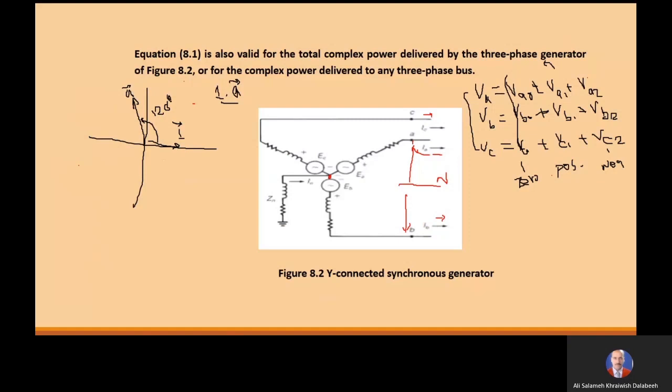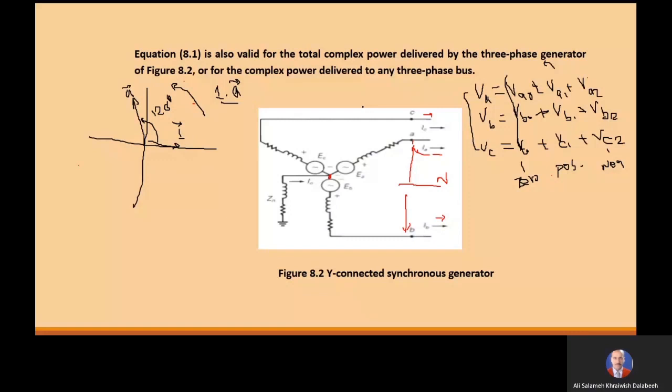So if we multiply any vector by the operator A, then this vector rotates anti-clockwise by 120 degrees. Okay? Any vector multiplied by the operator A rotates anti-clockwise by 120 degrees.